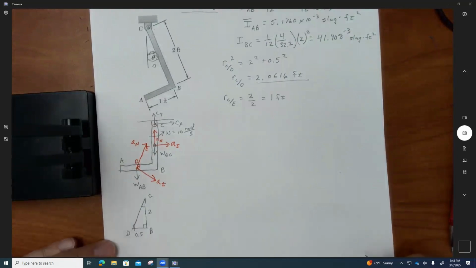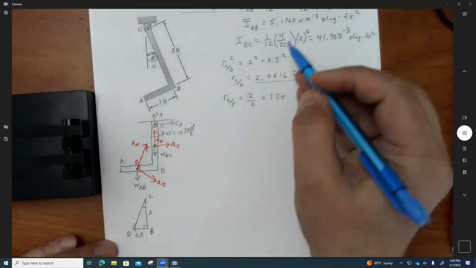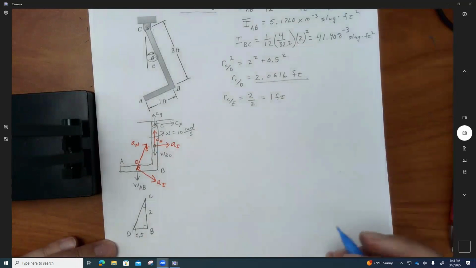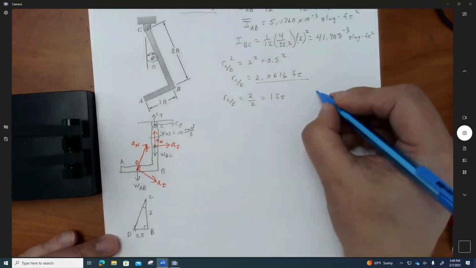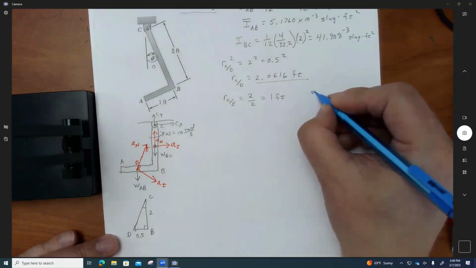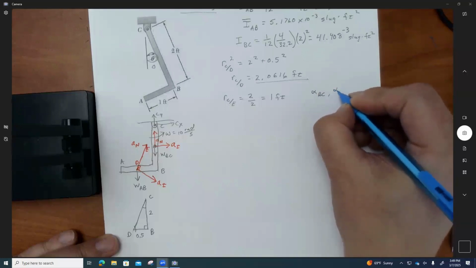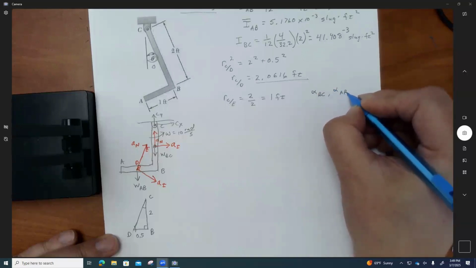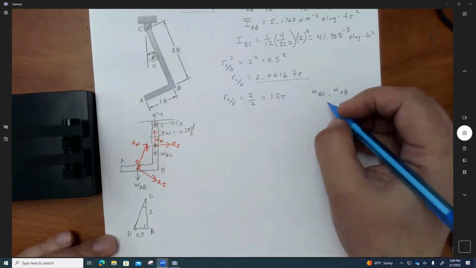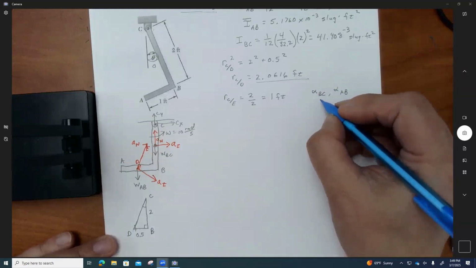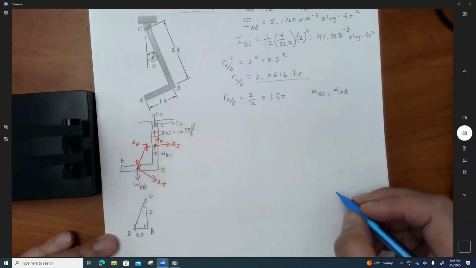Now, in terms of figuring out what we need to know at C, we're going to need to find all the things related to alpha of BC, alpha AB. We're going to look at needing to know what our tangential and our normal components are equal to.